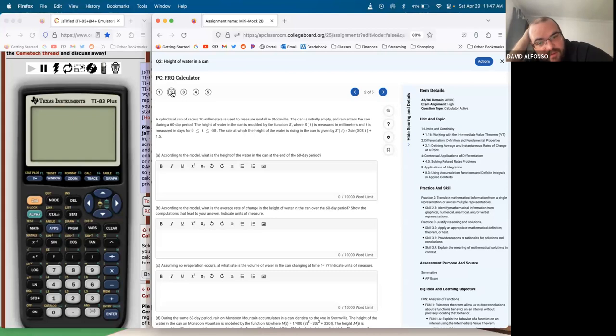The rate at which the height of water is rising is given by S prime of T, which is this function. But again, this is the calculator section, so it doesn't matter how scary the function looks, you have a calculator. According to the model, what is the height of water in the can at the end of the 60-day period?